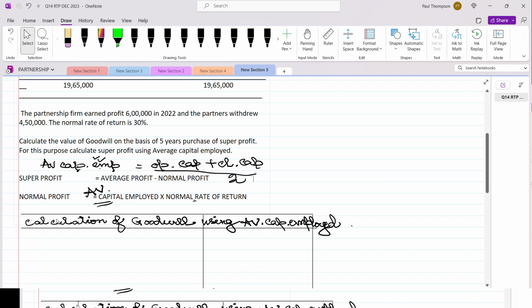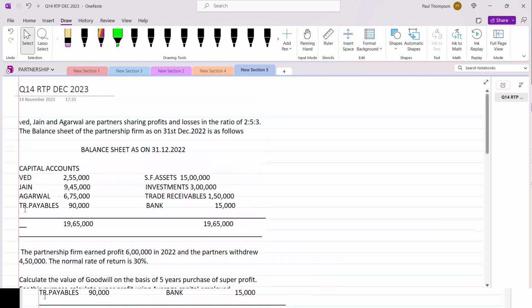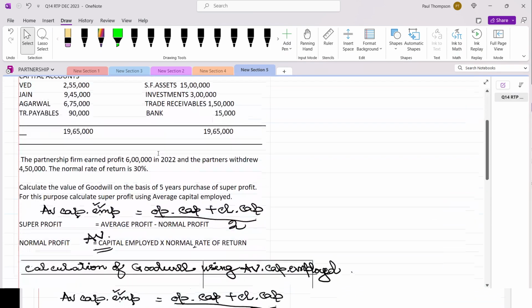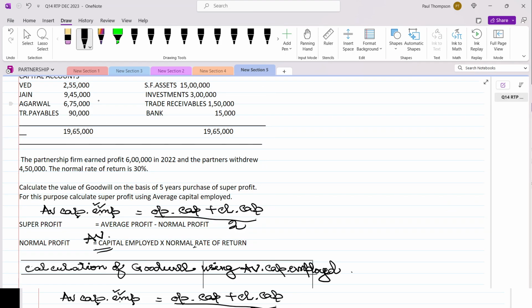Here in this question, they gave the balance sheet as on 31st December. The partnership firm closes on 31st December. So the capital given here is all closing capital, but I need opening capital. They have given us the profit earned during the period and the drawings.